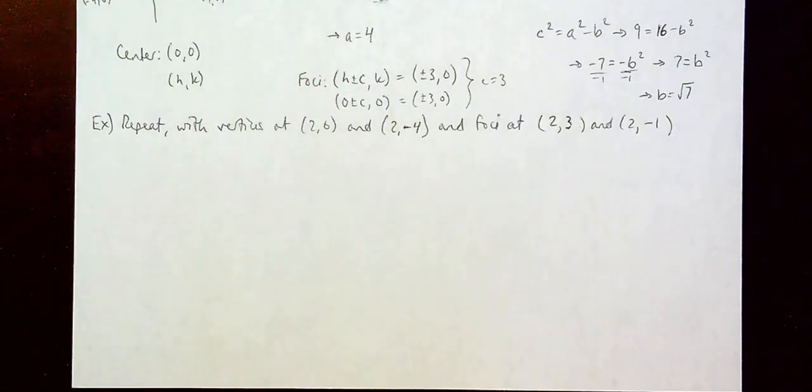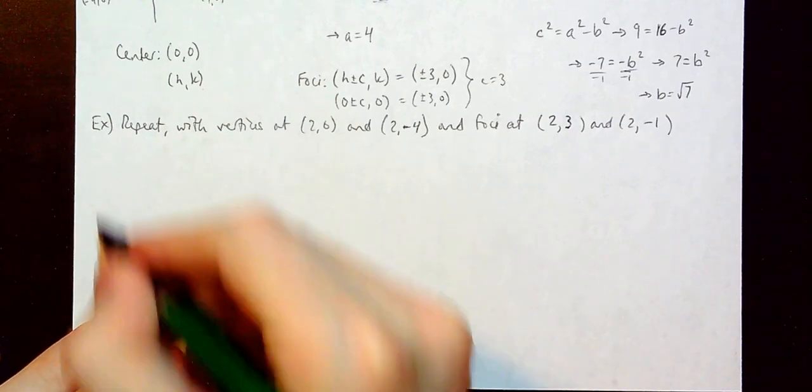Actually, guys, we're going to do a small change to our foci. We are going to have our foci be at 2, 3 and 2, -1. We're going to work with some significantly nicer values here. So again, we're going to start off the same way. Let's get some kind of visual of our vertices and of our foci here.